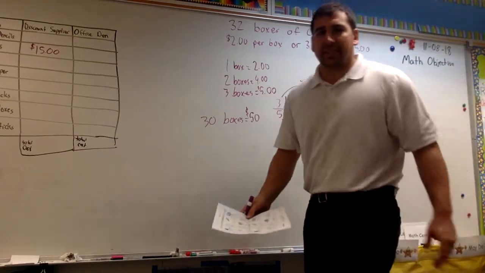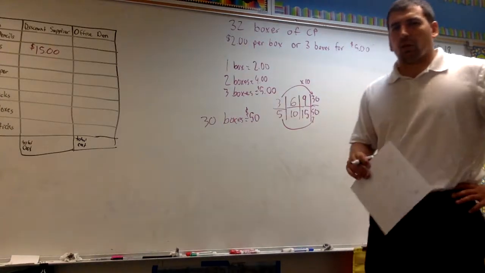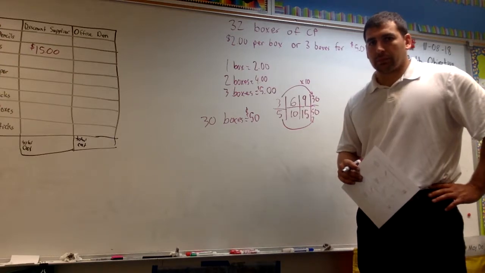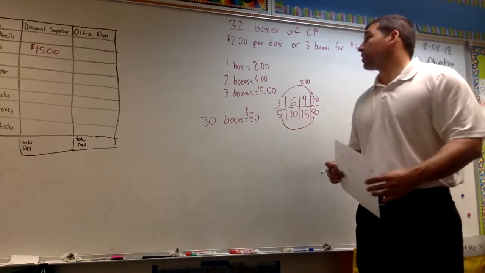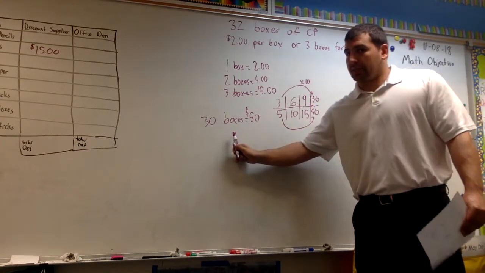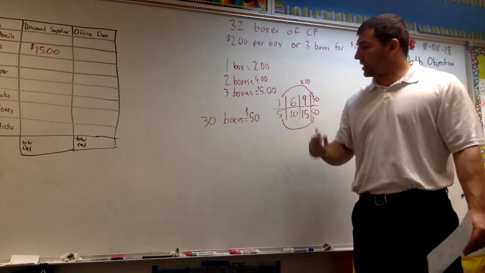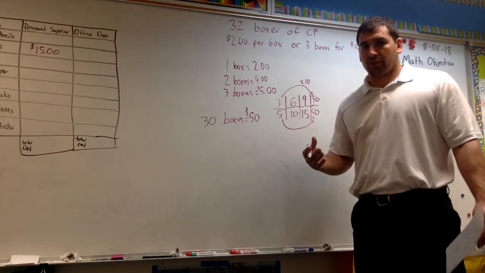What is my next step? This is where people get confused. Pause it and think, what is my next thing I need to do? All right. Little hint, especially if you didn't pause. We don't need 30 boxes. We need 32. So how much is it going to cost for those 2 extra boxes?